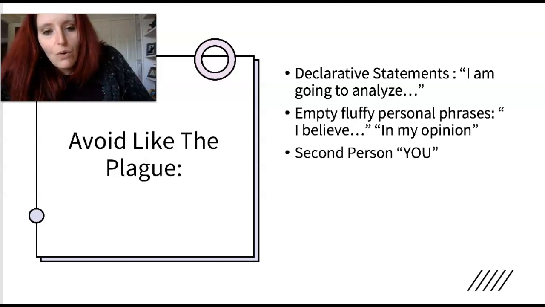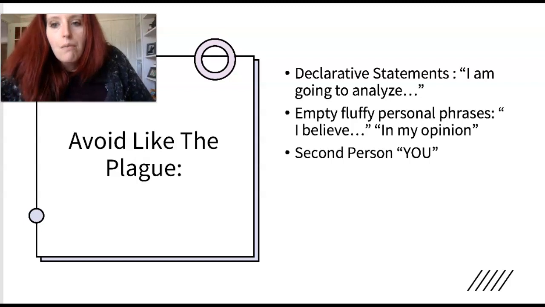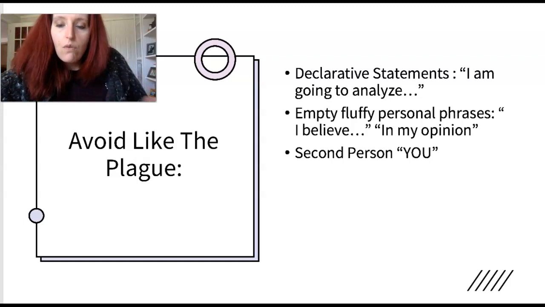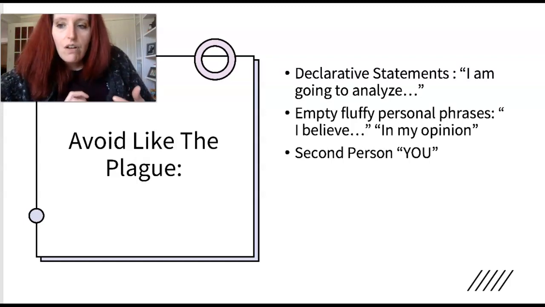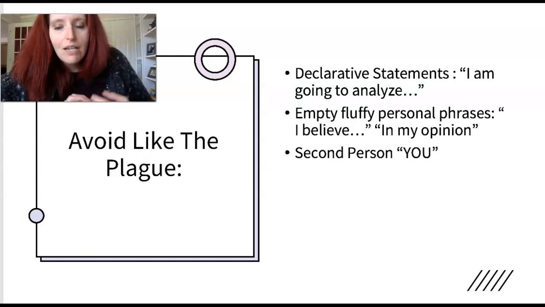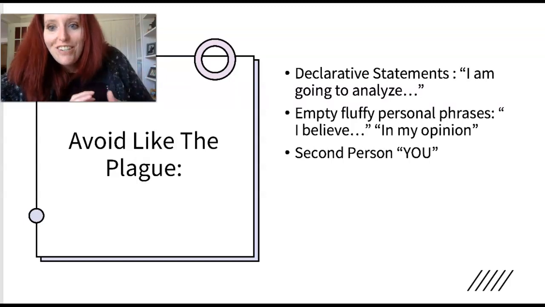And you also want to avoid the second person you. Again, I hope that these are all things that you talked about in English 111 and 112. But this is just a basic gist overall of looking at what it means to write a literary analysis and the basic components that all of your essays should have.